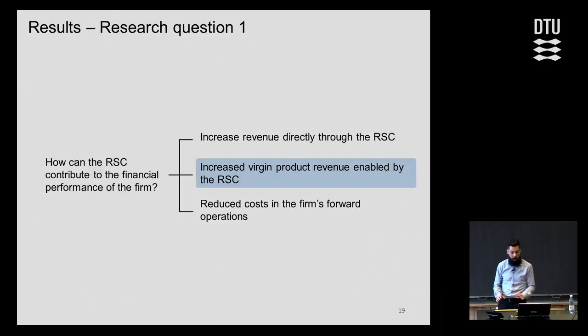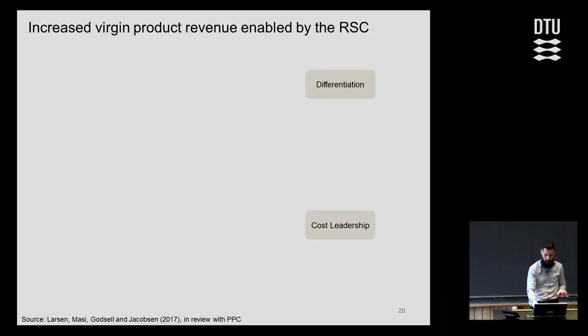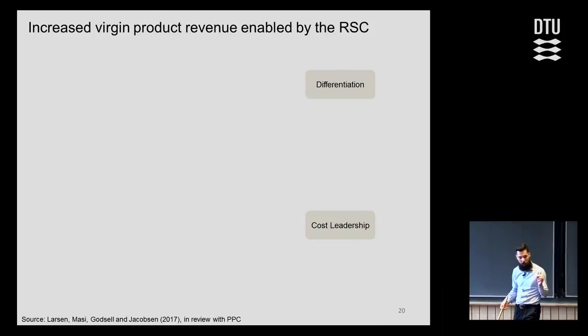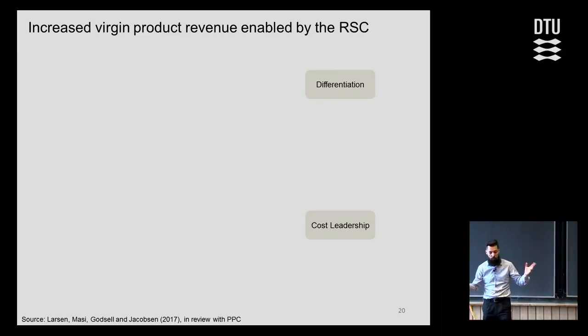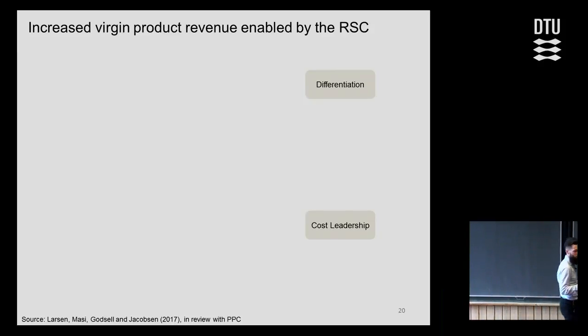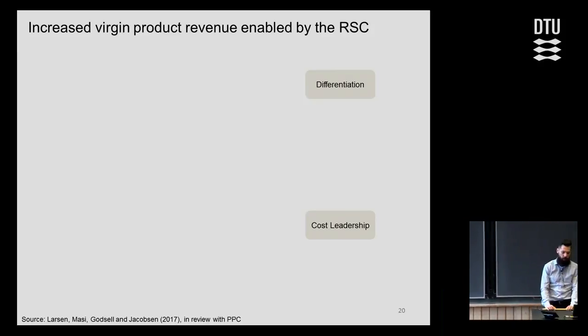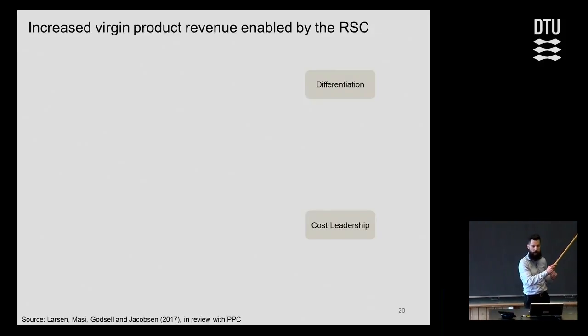Next up is how the firm can increase its revenue from virgin product sales. Some of you might be familiar with the generic strategies by Michael Porter. Probably still the most used set of generic strategies available. Two of his strategies are differentiation and cost leadership.